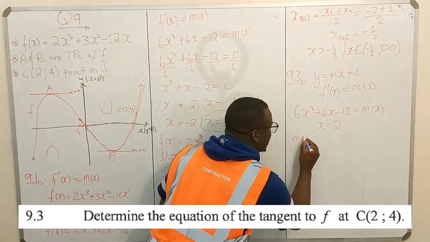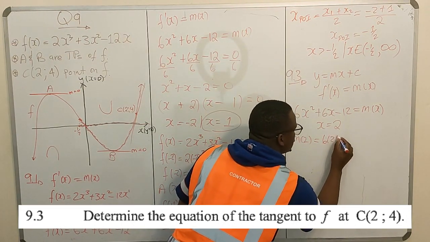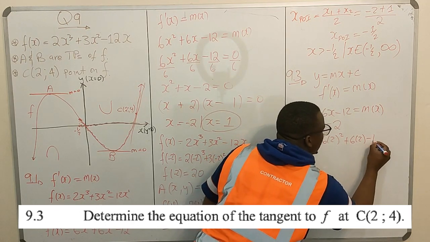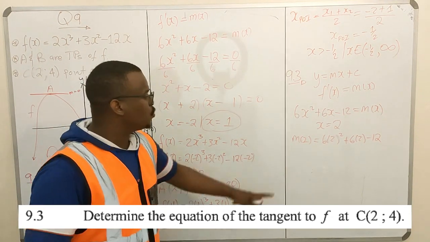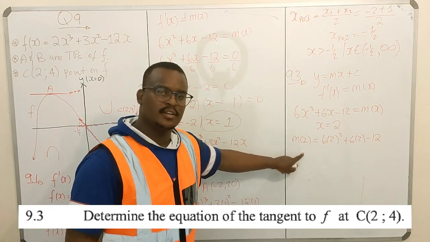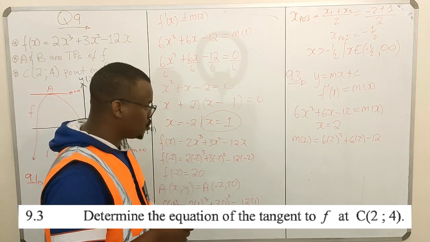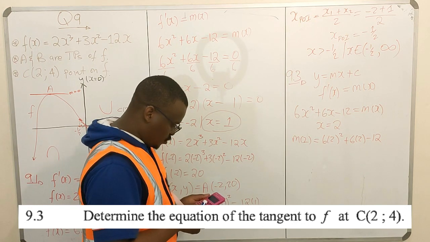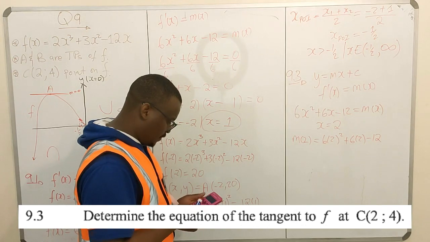So we'll say m at 2 is equal to 6 into 2 squared plus 6 into 2 minus 12. Then this will give us the gradient at that point, right? So I'll punch that on our calculator: 6 into 2 squared plus 6 into 2 minus 12.